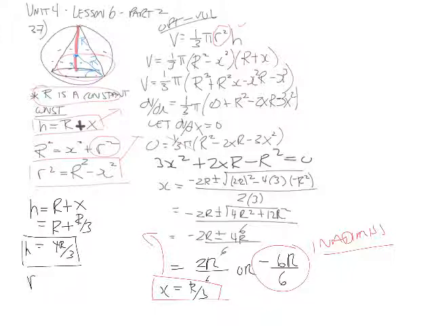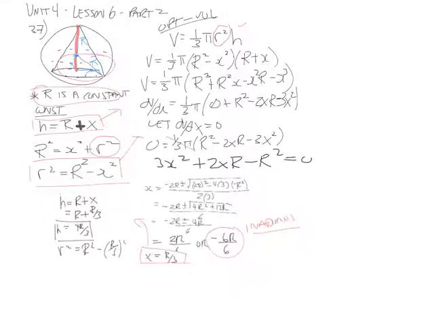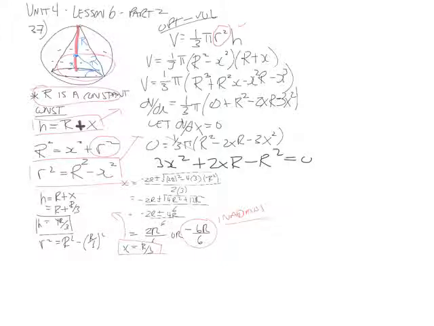And small r squared is equal to capital R squared minus x squared. That would be R squared minus (R over 3) squared, which is R squared minus R squared over 9, so small r squared equals 8R squared over 9.